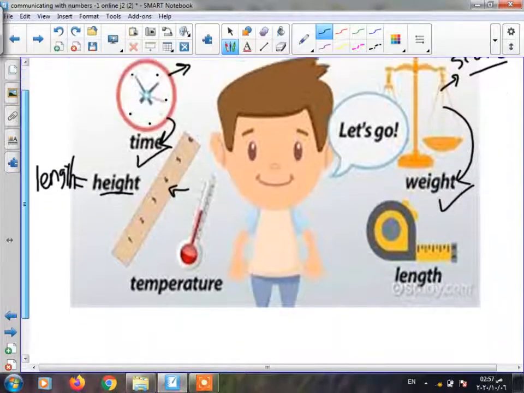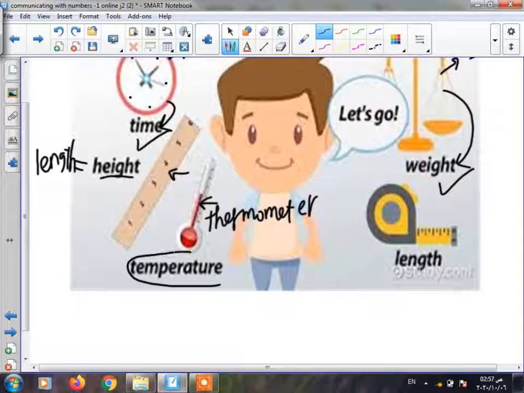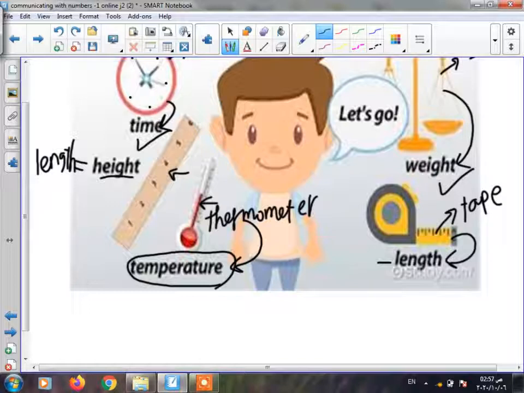Here is a thermometer, and a thermometer gives me information about temperature. I found it when I got sick and went to the doctor. Then here is a tape, and this tape, like a ruler, gives me information about length or height. Length or height, the same.